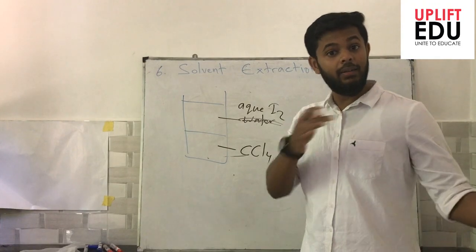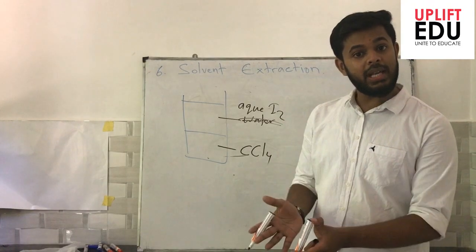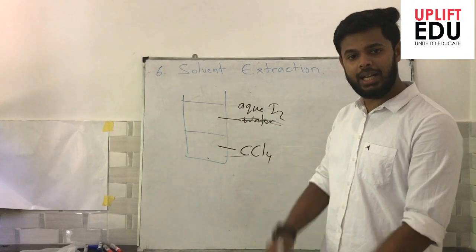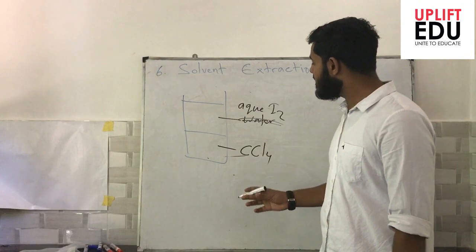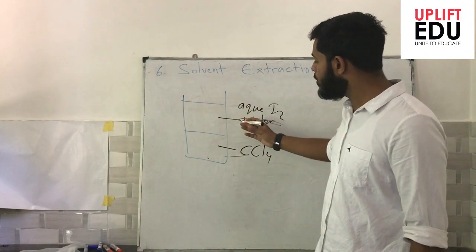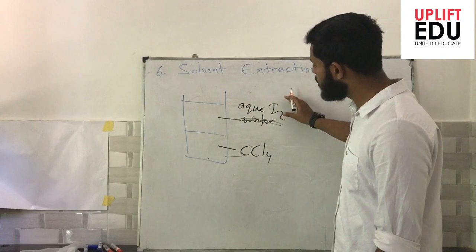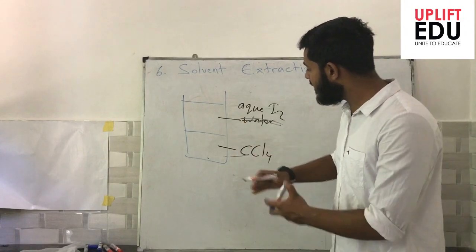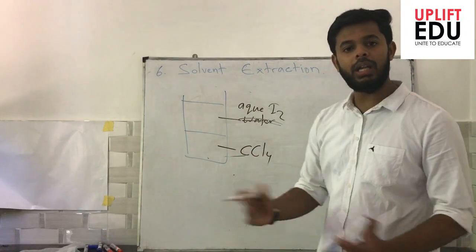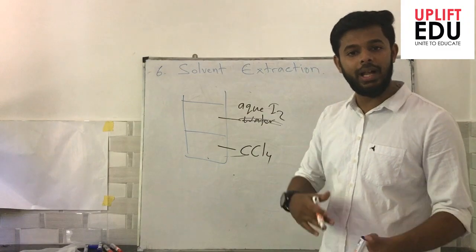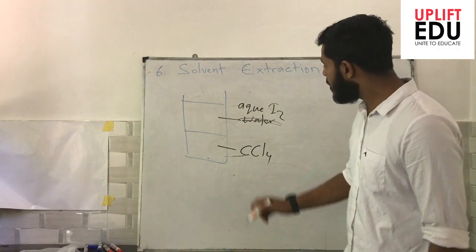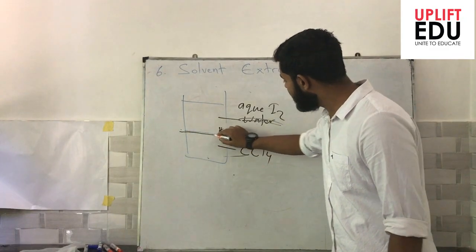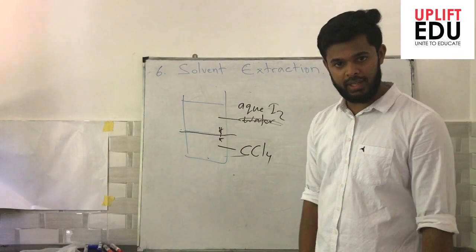Hope you remember in our early video we discussed that polar substances dissolve really well in polar substances and non-polar substances dissolve really well in non-polar substances. So if I pour this aqueous iodine solution on top of carbon tetrachloride, first the carbon tetrachloride and water will separate like water and coconut oil, right? So we will have two different solvents separately, which have a common interface boundary, right?